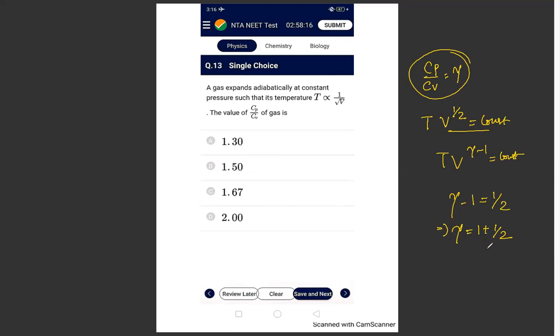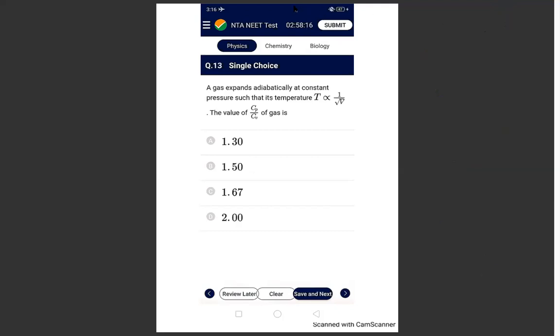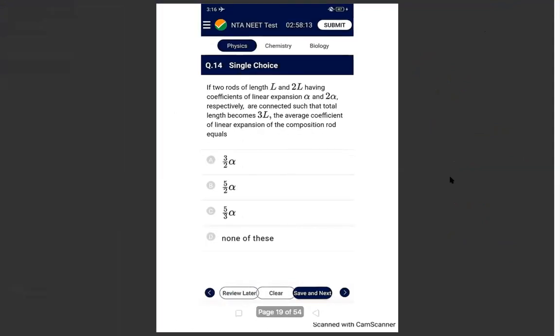So it will be equal to 3 by 2, that is equal to 1.50. Clear? Okay. So let's do this one.